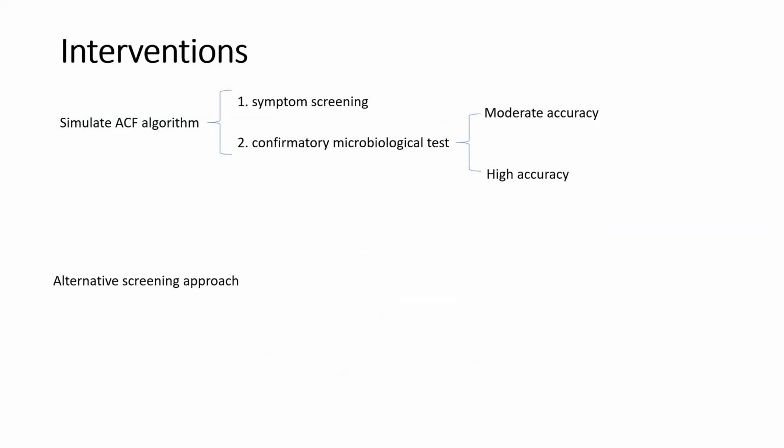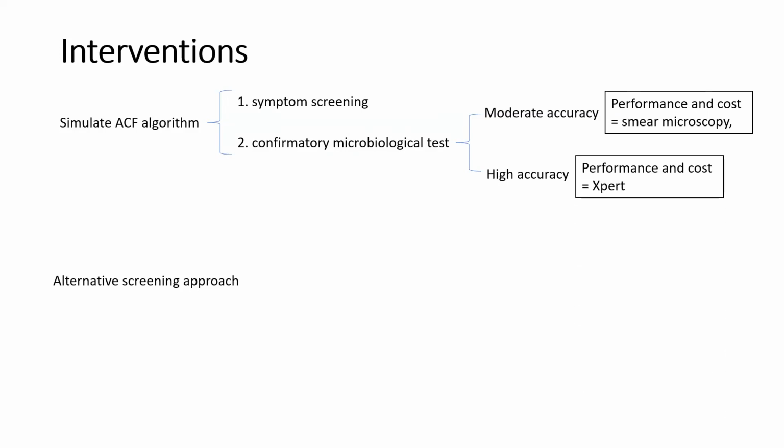The moderate accuracy was assumed to have performance and cost consistent with smear microscopy, while the high accuracy has performance consistent with Xpert. It is assumed that the high accuracy test can detect rifampicin resistance at the same time as detecting TB, while the moderate accuracy test cannot detect rifampicin resistance, but it can detect the presence of TB.